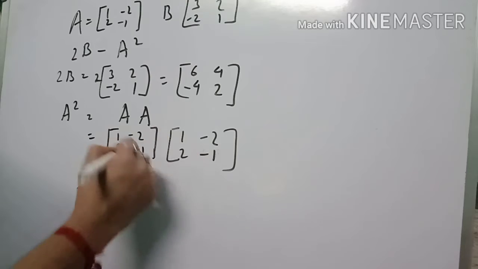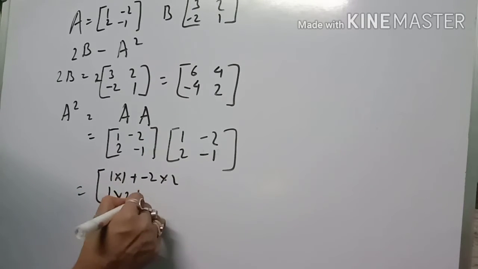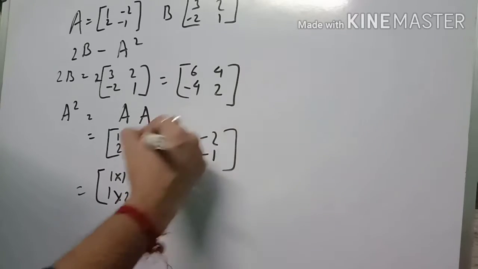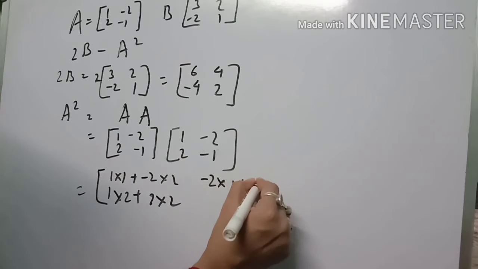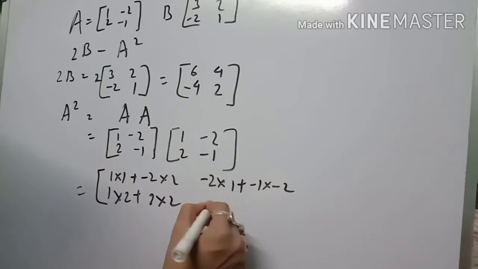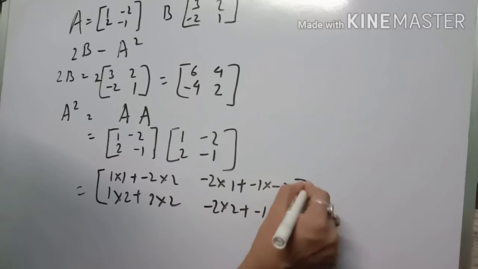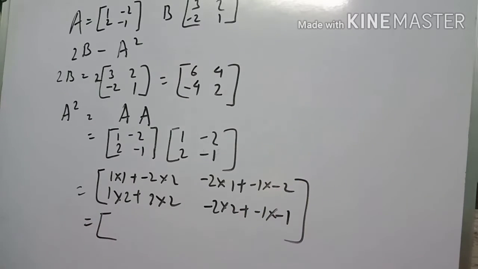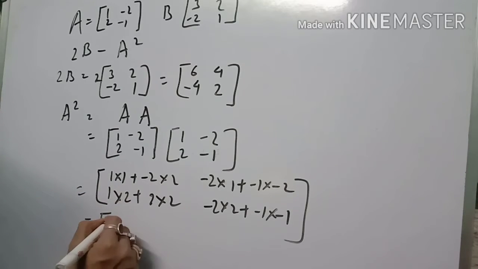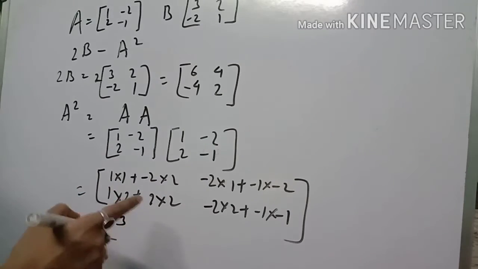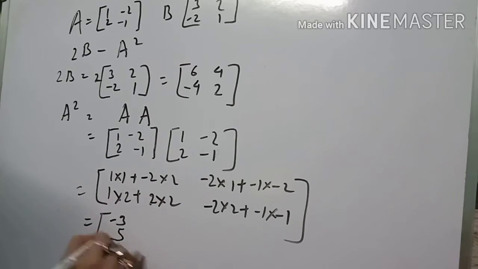Okay, so plus minus 2 into 2, again 1 into 2 plus 2 into minus 1. Okay, here minus 2 into 1 plus minus 1 into minus 2, again minus 2 into 2 plus minus 1 into minus 1, and we are getting the answer here 4 minus 4 and 1, so it will become minus 3. Here we are getting it as 5.